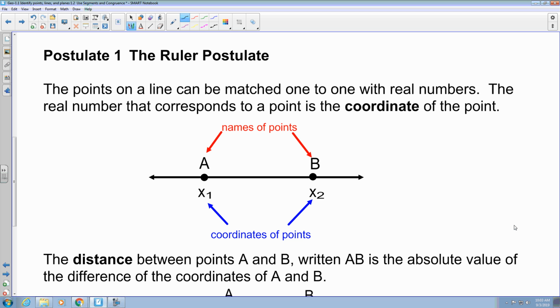So you have names of points, so we have A and B. If we were looking at them in coordinates, we could say that that's x coordinate 1 or x coordinate 2.